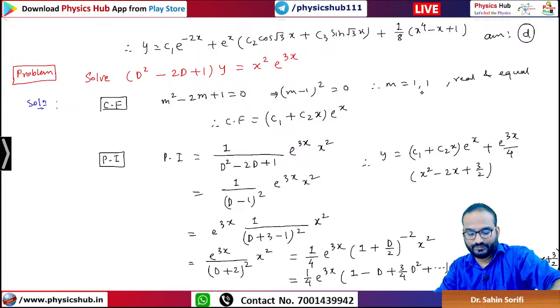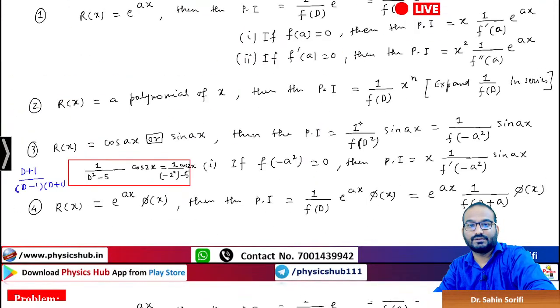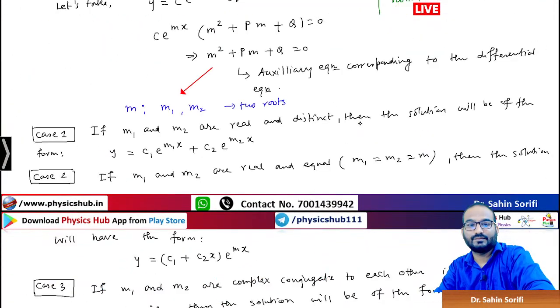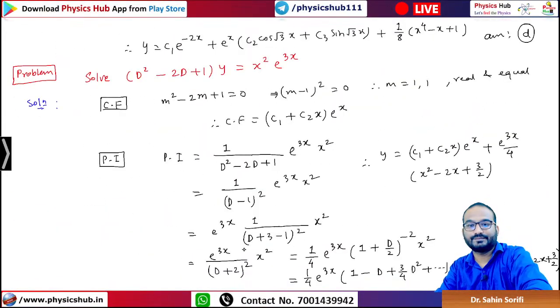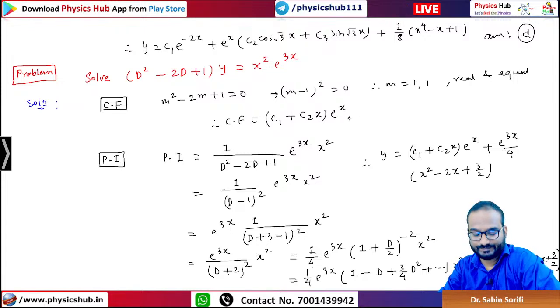And as per the formula we have learned, if m1, m2 are real and equal, the solution is (c1 plus c2x) e to the power mx. That is why (c1 plus c2x) e to the power x, with m equals to 1.